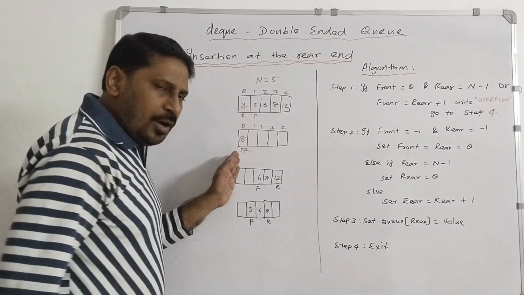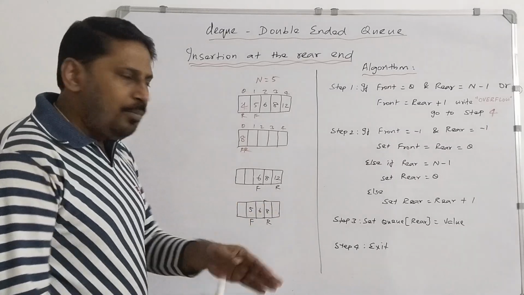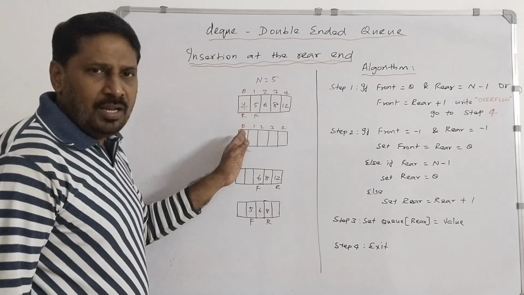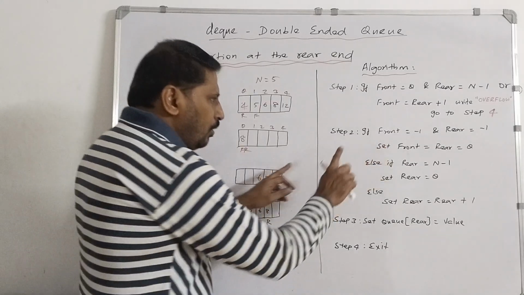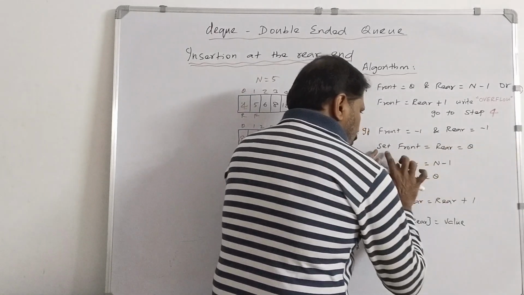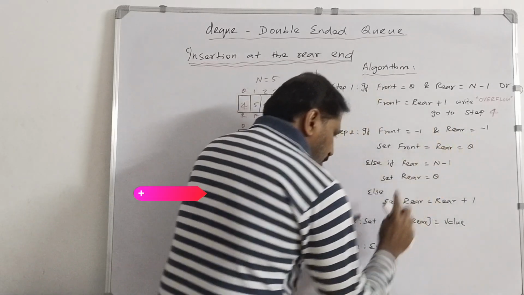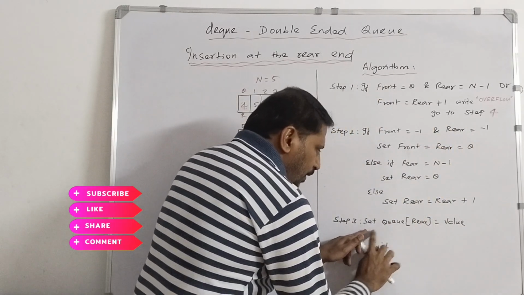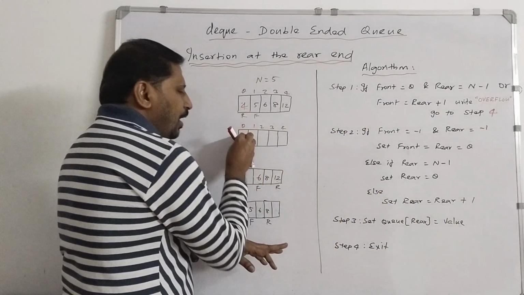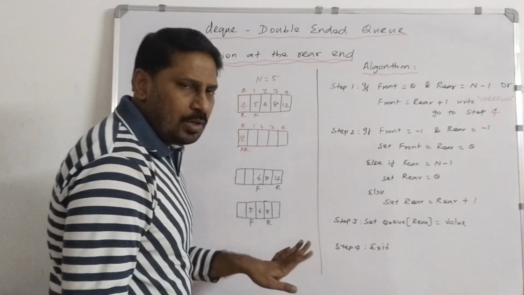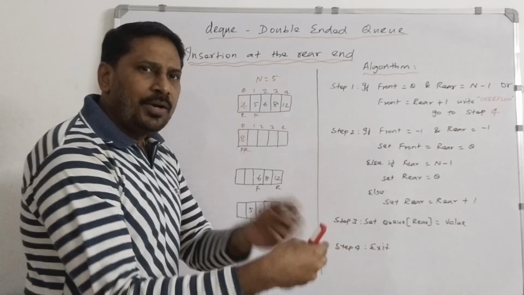So front points to the same element, and rear also points to it, because there is only one element in the queue. Whenever this condition is true, set front equal to rear equal to 0, then the control comes to the third step: set q of rear equal to value. So we are adding the value and we stop the process.